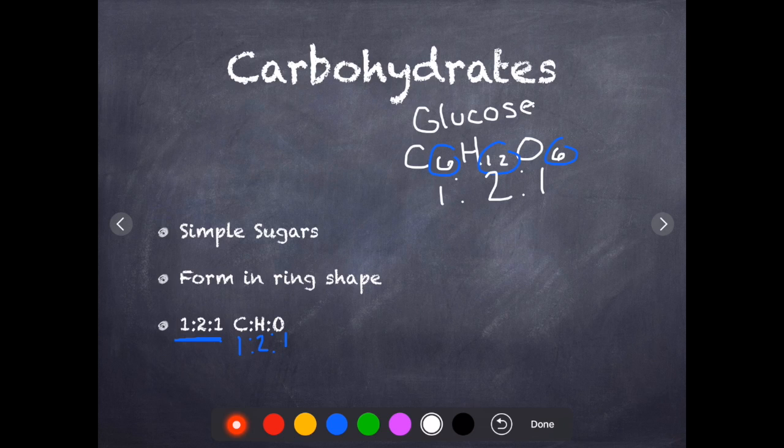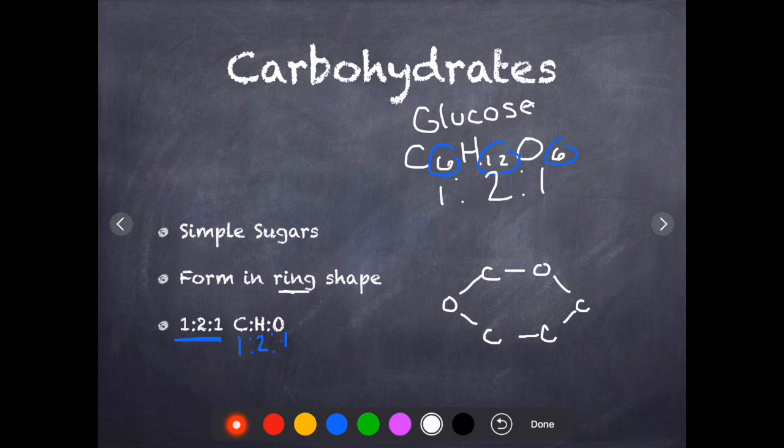Now, we talked about it forming these ring structures. So it's a carbon ring structure, and there's some oxygens that are kind of in there as well. But the carbons and oxygens form this nice little ring. Obviously, it's not a perfect circle, but it does form a ring in that structure.